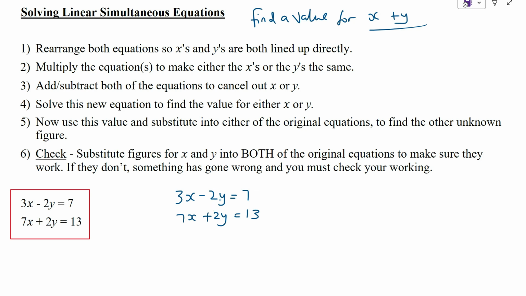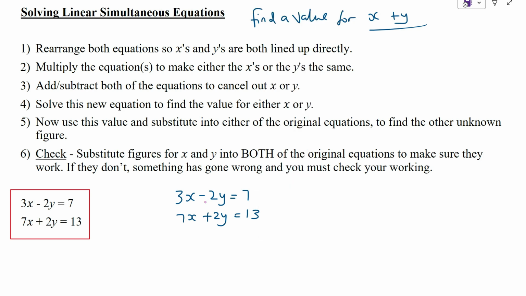Now, if that wasn't the case, if this, for example, was 3y and 2y and nothing matched, we would need to multiply either one or both of these equations to make one set equal, kind of like in fractions when you're trying to get a common denominator. You multiply both of the fractions to get a common bottom number. It's kind of the same thing here. So we need to pretty much either add or subtract these two numbers to cancel them out. That is why we need them to be equal in the first place.